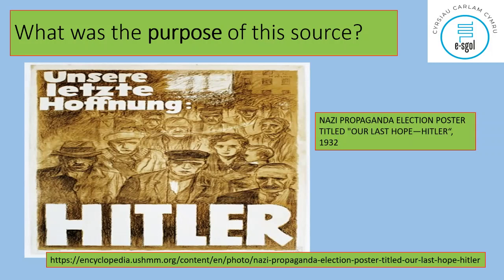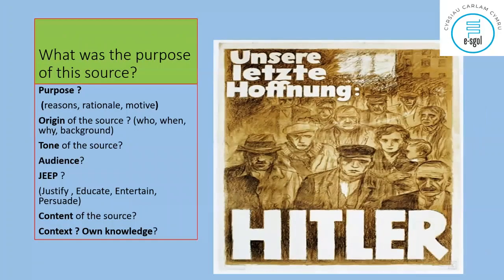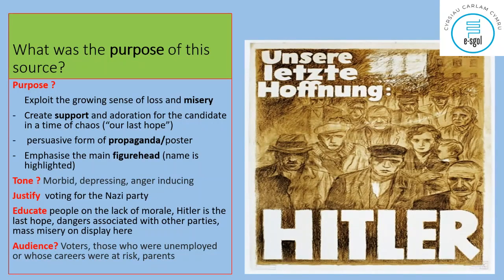So why is it made? Again, think of these clues. Origin of the source, the tone of the source, audience, Jeep. I'll try and use two more from Jeep for this source. Justify, educate, entertain, persuade. So why is it made? So in terms of the content, I picked out a few possibles here.